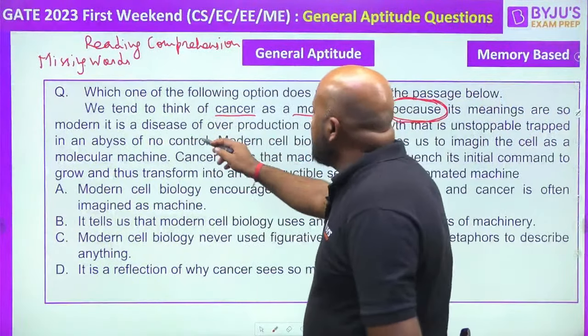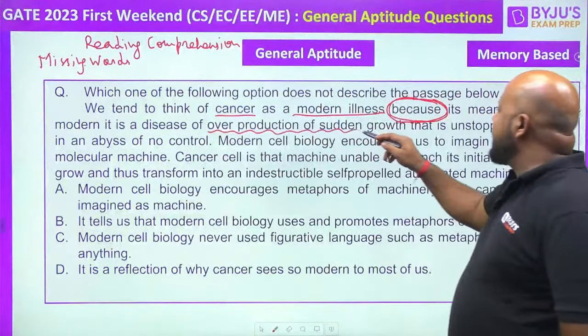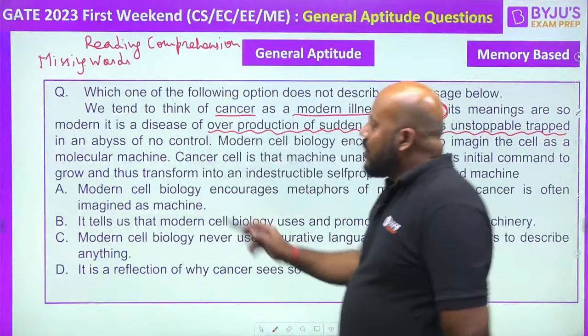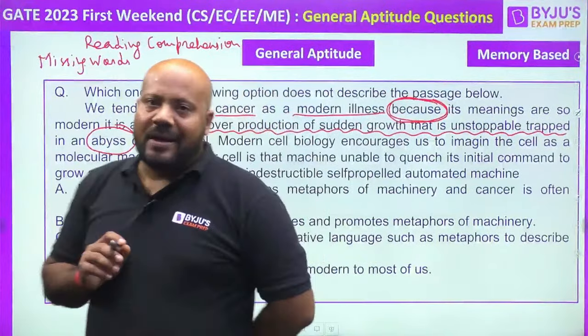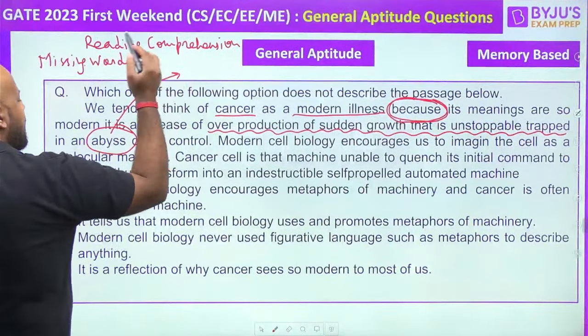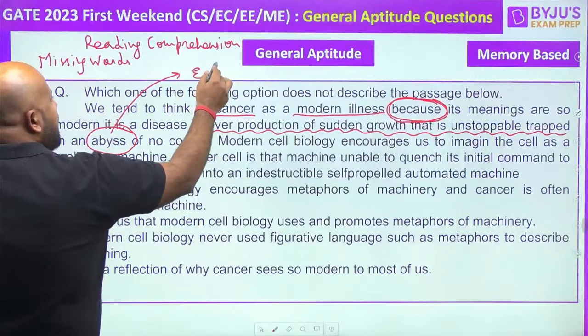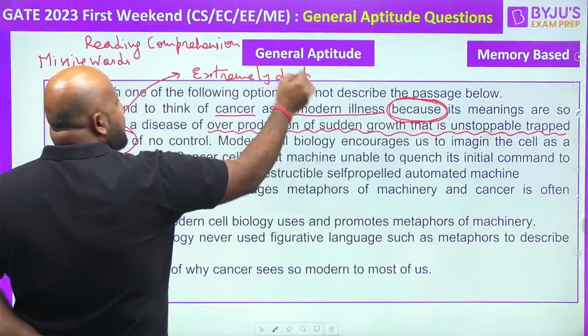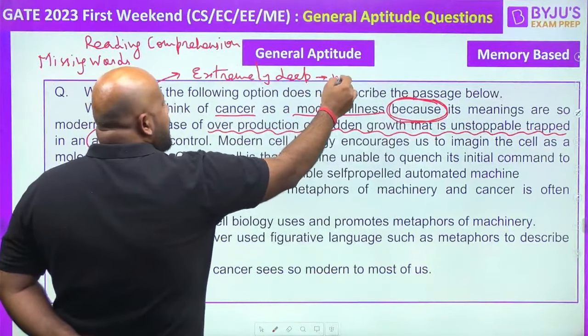It is a disease of overproduction, of sudden growth that is unstoppable, trapped in an abyss. Now what is the meaning of abyss? It is memory based. Abyss means extremely deep. Okay, no bottom.